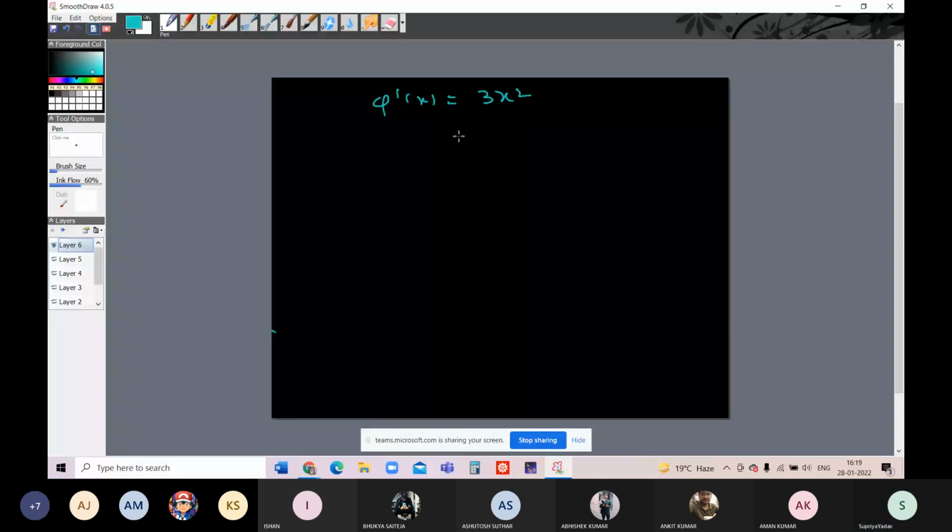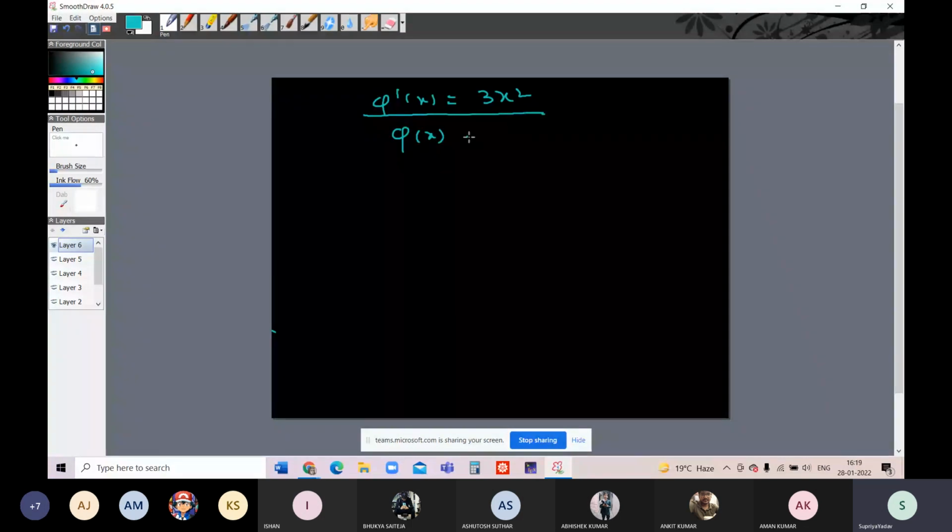So now integrating this function on both sides with respect to x, this will give us phi x is equal to x cube plus a constant of integration.